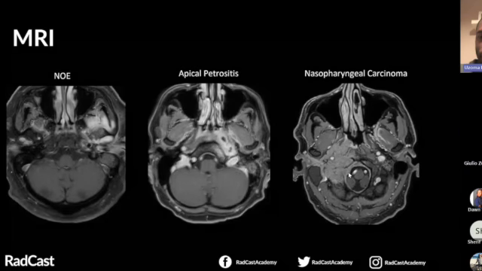Whereas this is a nasopharyngeal carcinoma, so it looks like a much more defined soft tissue lesion and infiltrative process. But to be honest, this could easily be a malignancy as well. So often there's no way of distinguishing between particularly apical petrositis and a nasopharyngeal carcinoma other than biopsying it.